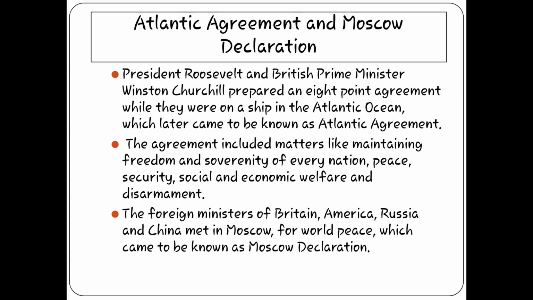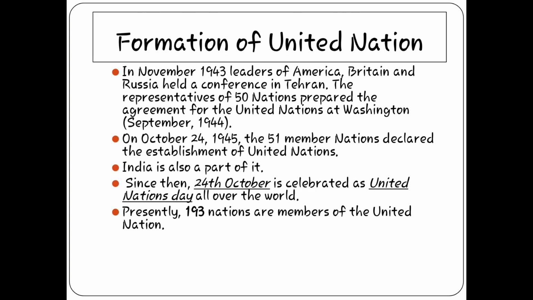This agreement included matters like maintaining peace and sovereignty of every nation, peace, security, social and economic welfare and disarmament. The foreign ministers of Britain, America, Russia and China met in Moscow for world peace, which came to be known as the Moscow Declaration.